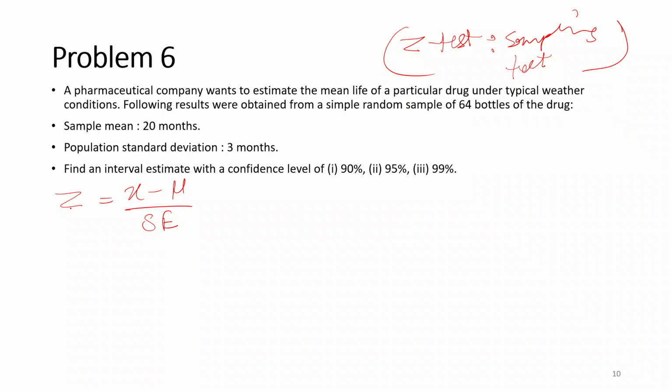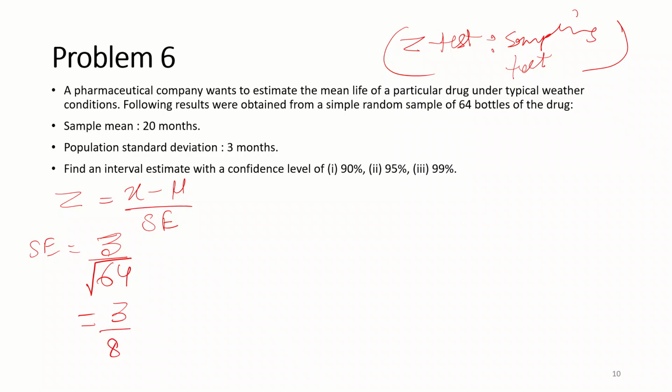Here we have to calculate the standard error. Standard error equals sigma divided by the square root of n. Sigma is 3, so 3 divided by the square root of 64 comes to 0.375.